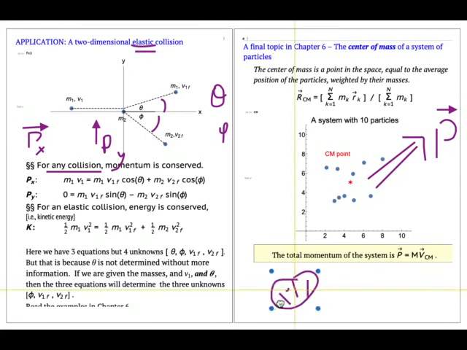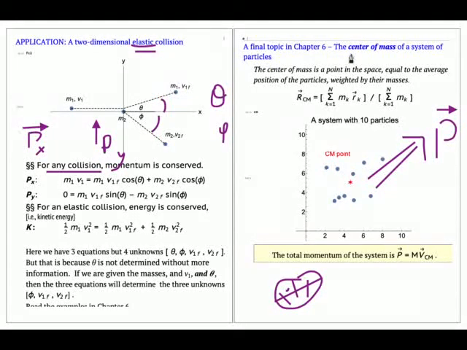The whole system consists of all the parts. Someplace there's a center of mass point. We have the total mass, and the total momentum of the peanut is just the total mass times the velocity of the center of mass.